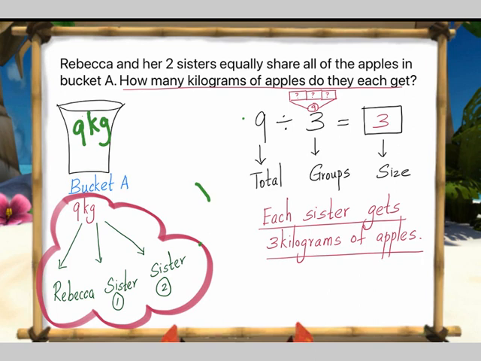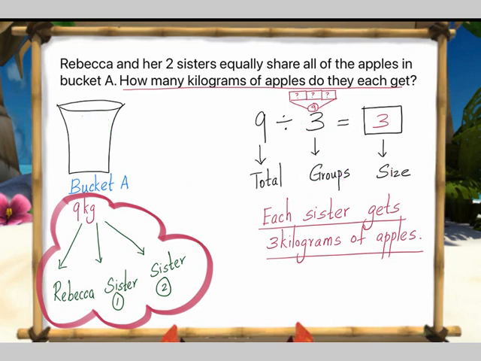Okay, so what we know here is the total number, which is 9. So this is the total that we know. And then what we know is the number of groups of people that we are going to share with, that is 3. So the group is 3.